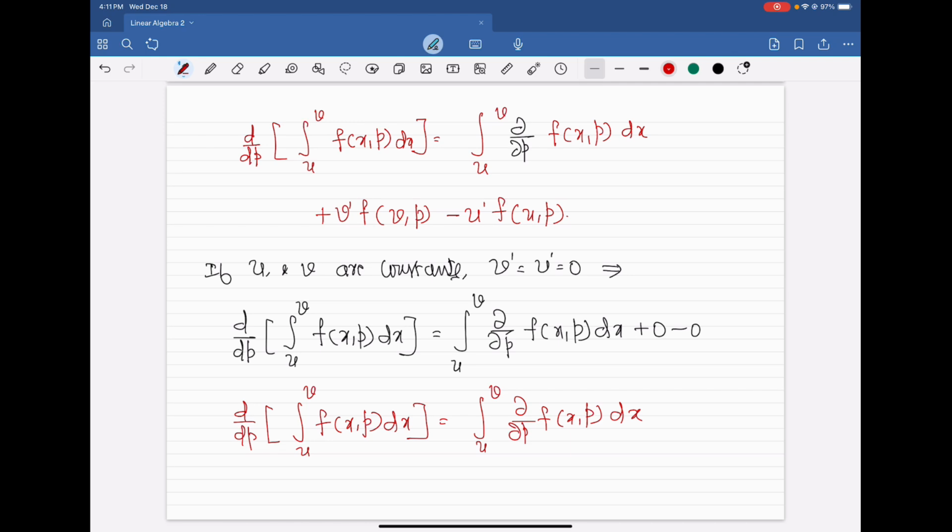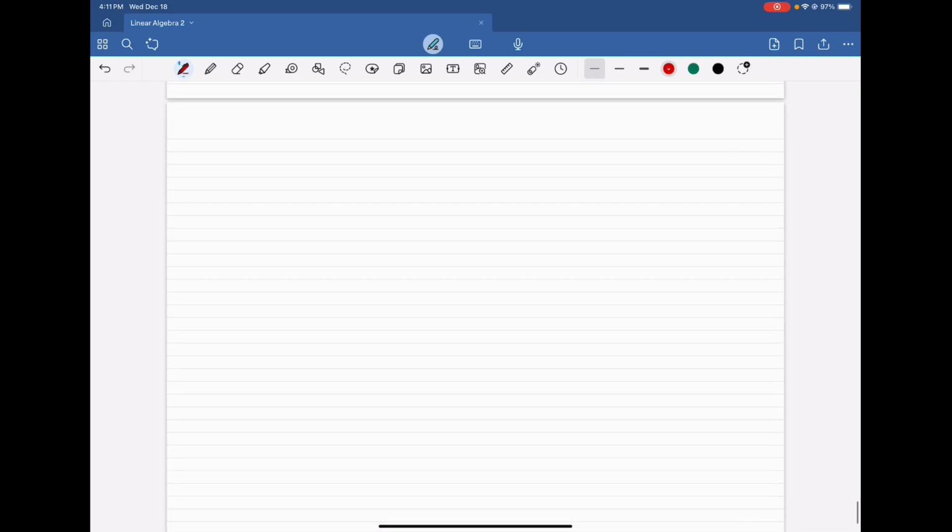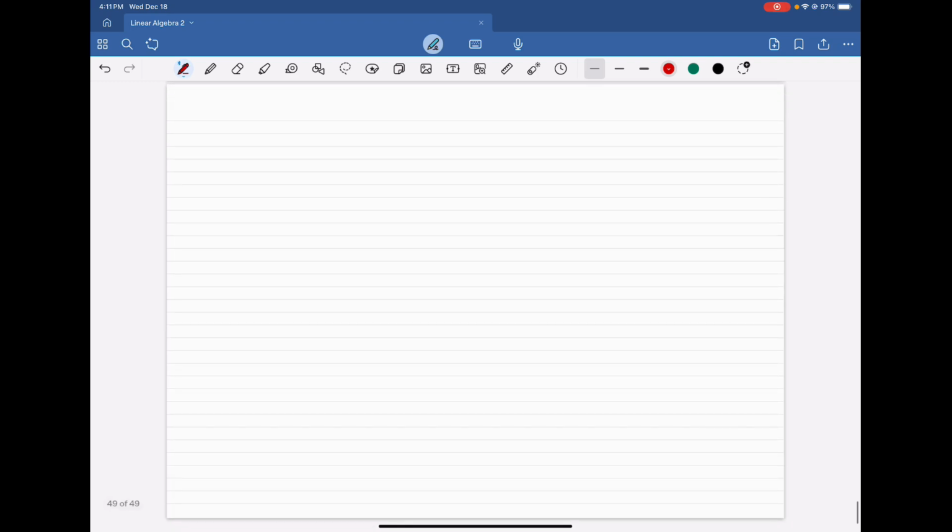For avoiding the confusion, let me say the constants are a and b. Let u is equal to a and v is equal to b, constants.